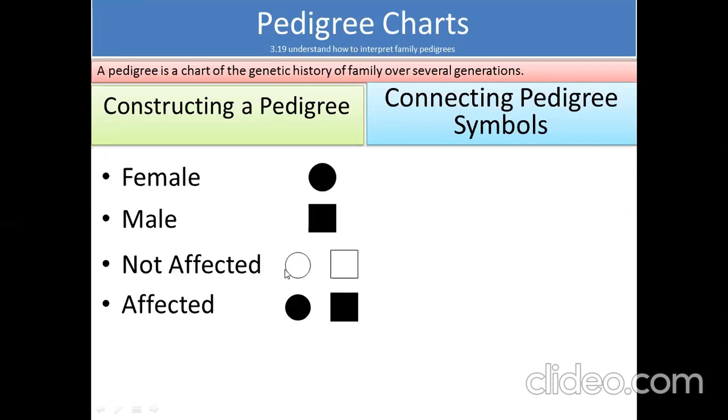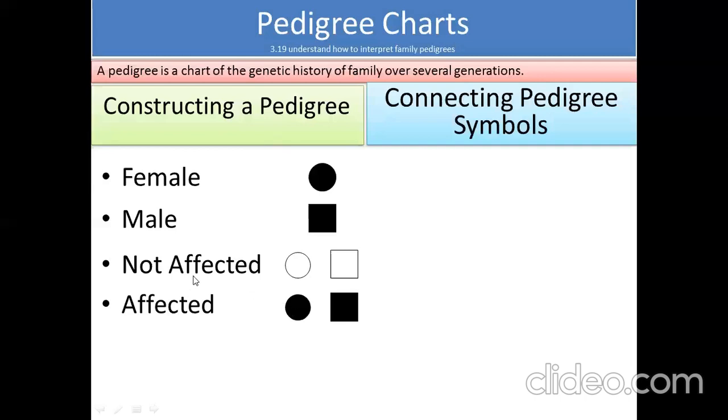If this round is female and it's not colored, meaning it is blank, then that female is not affected with that disease. If she's affected with that disease, it should not be blank. You should color the round.